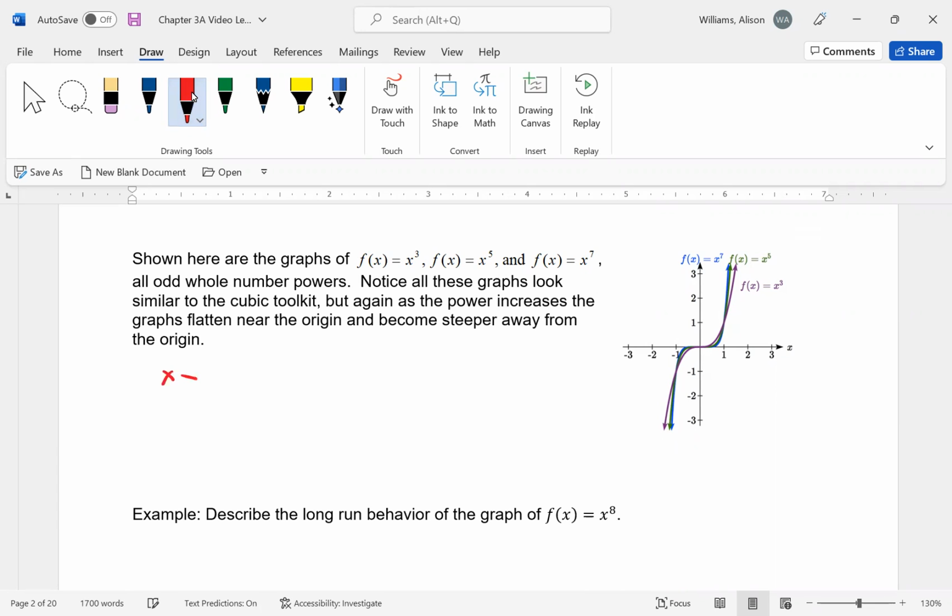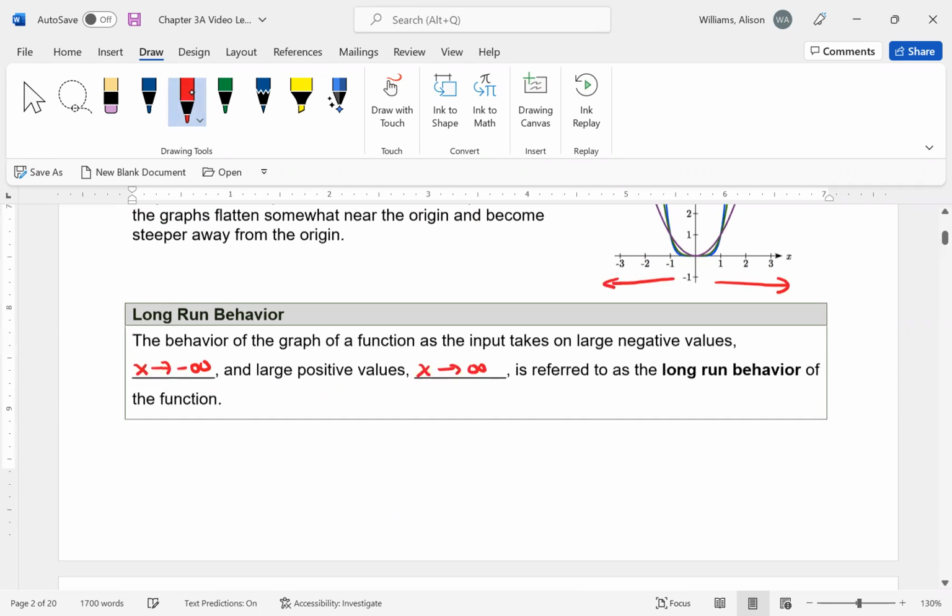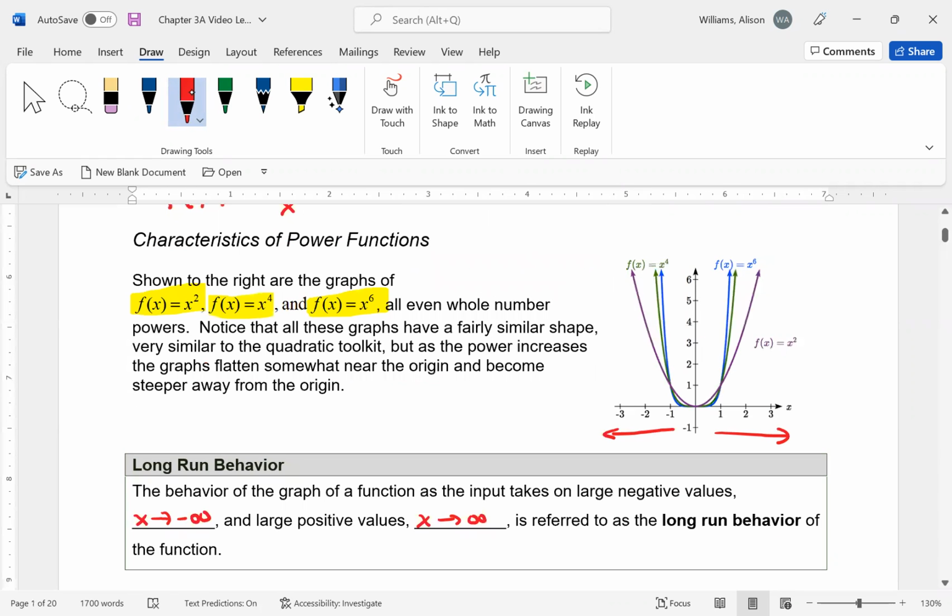As x goes to negative infinity, the y values, which I'm going to call f of x, are going to negative infinity. As x goes to positive infinity, the y values are also going to positive infinity. Let me come back up here and write that up here. I said it, but I didn't write it.